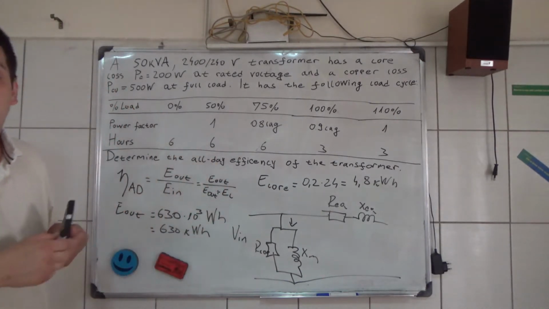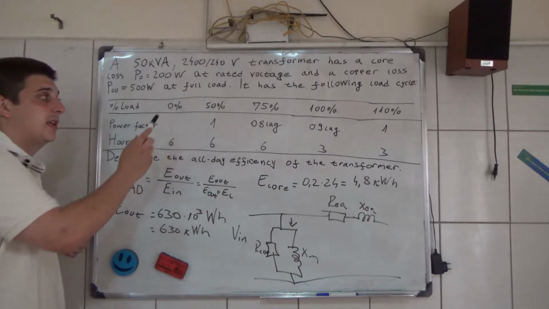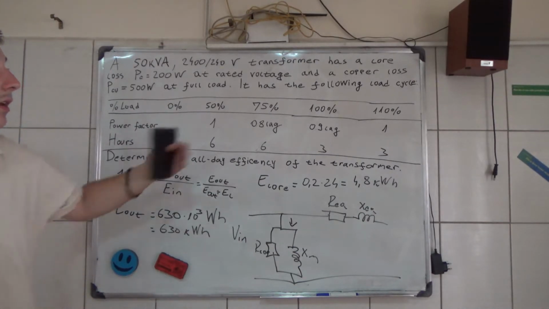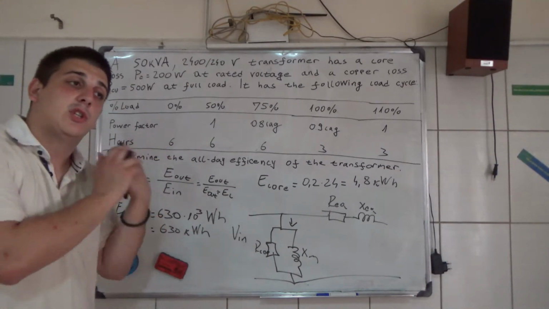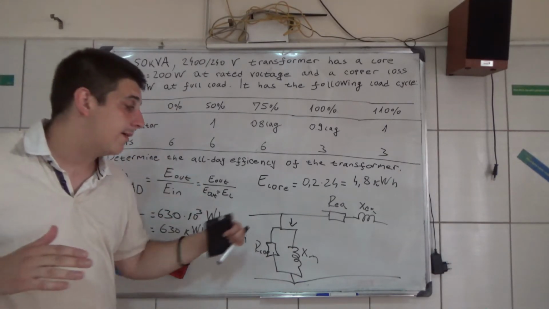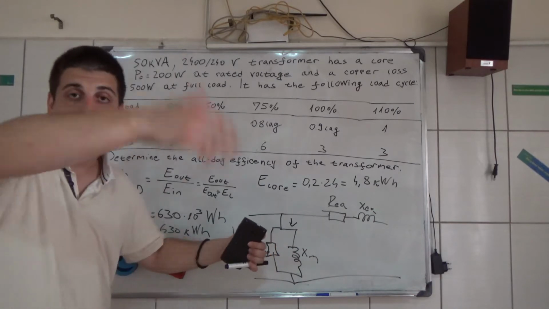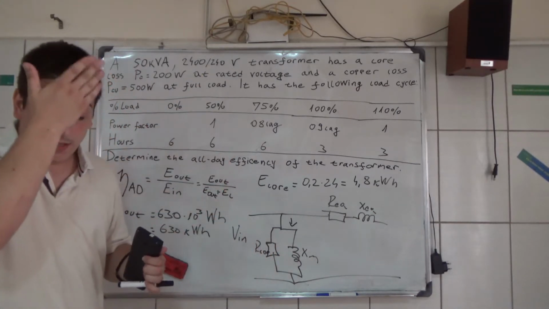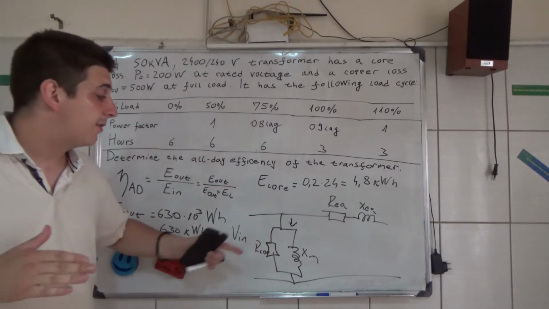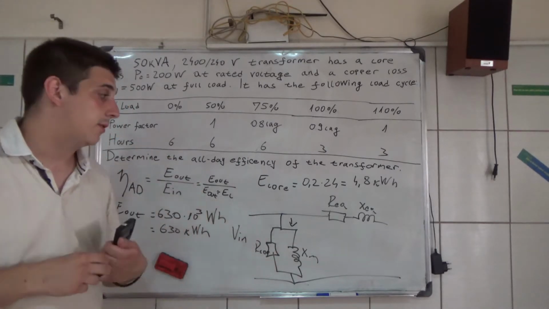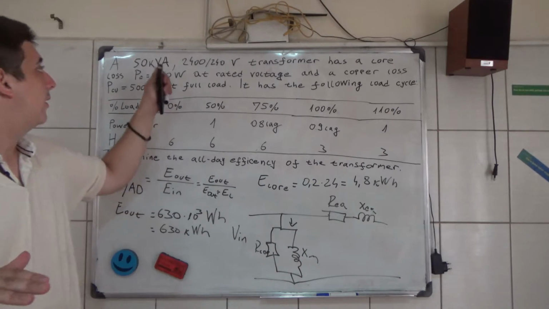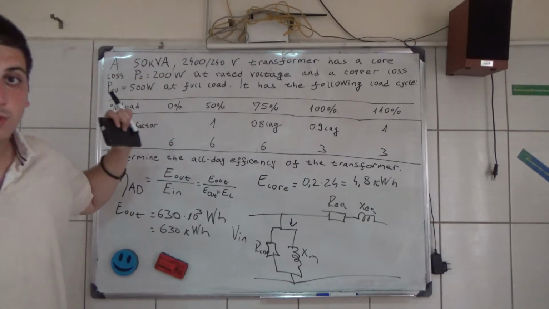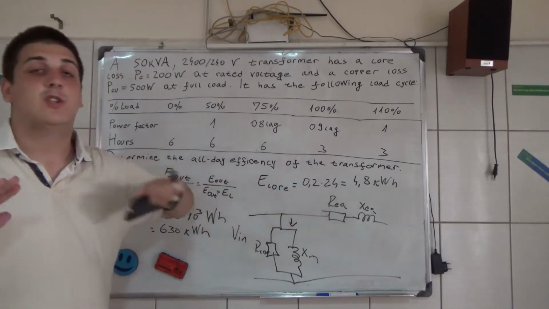So no matter if you had 0% load, no matter what the power factor is, if you have a constant voltage on the primary side, you will always have a small current that will magnetize the transformer. Even if you have no load, some of the current will go to magnetize the transformer. And if you have a constant voltage, the core losses don't change, and this is the energy that we lost.